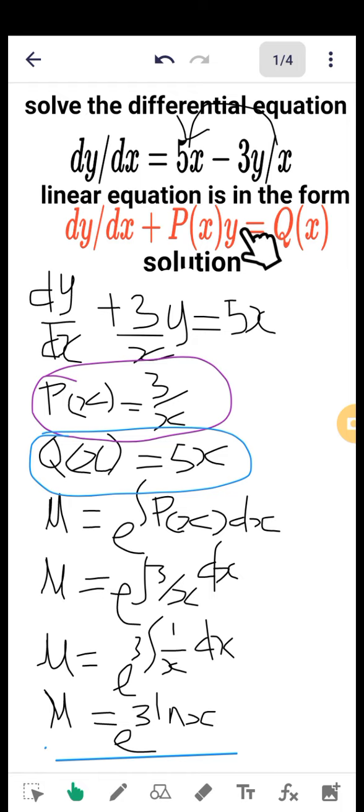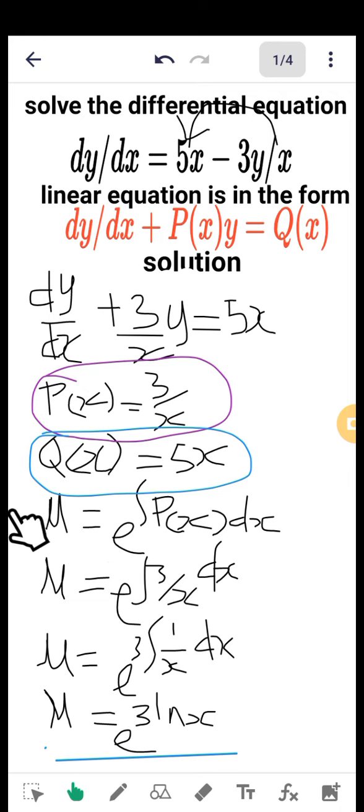Then we compare the coefficients. This is y, and this is the p(x). So by comparing, my p(x) is equal to 3 over x, and the q(x) is equal to 5x.